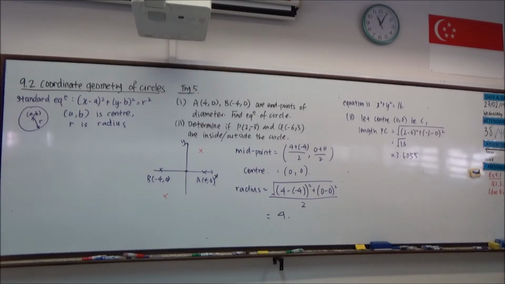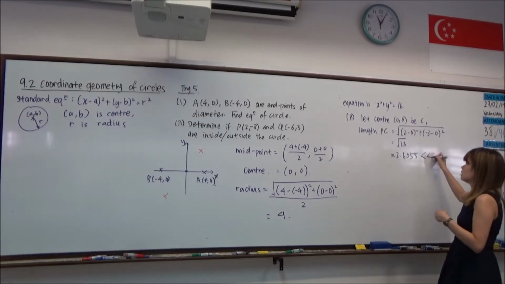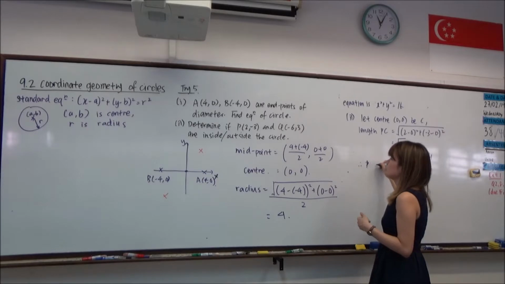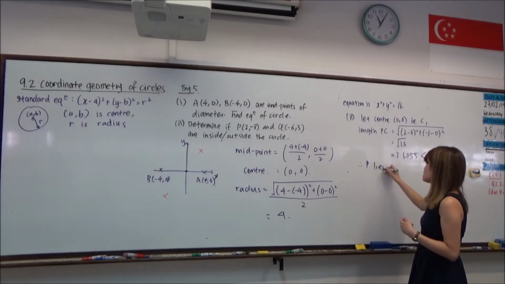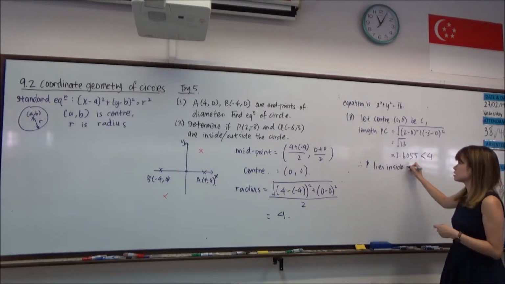The length of PC will actually be 3.6055. Since the radius is 4, therefore P lies inside the circle.